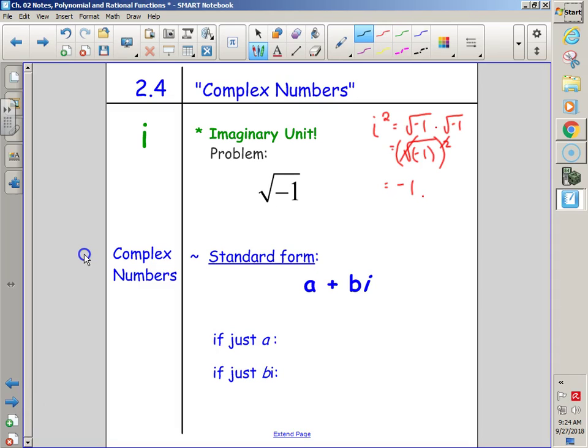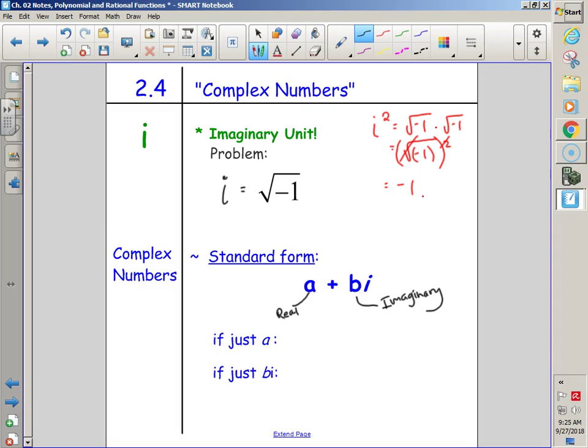Yeah, he's i. 1i is the square root of negative 1. Standard form of a complex number is a plus bi, where a is the real component and bi is the imaginary component. Put a real component together with an imaginary component, you have a complex number.